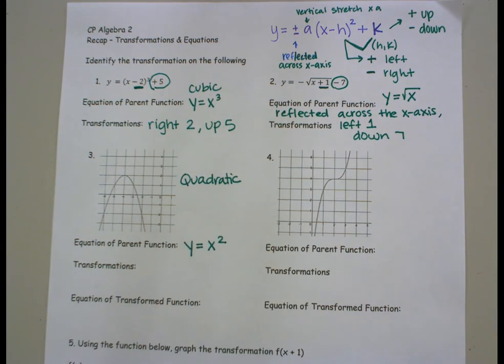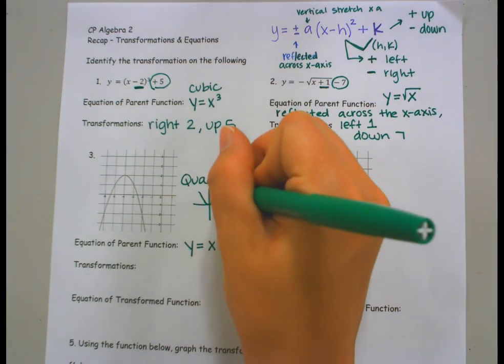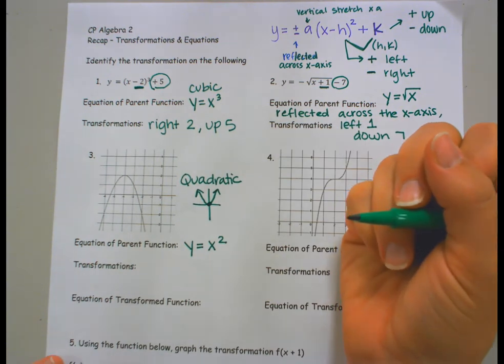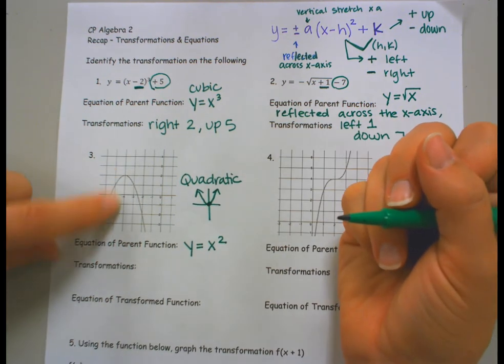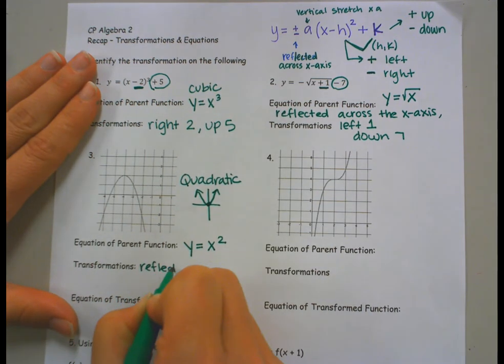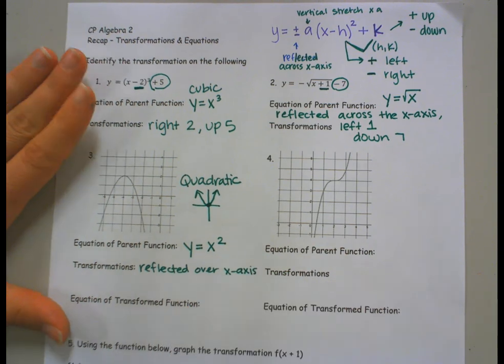If we think about what a quadratic normally looks like, it goes through 0, 0. We want to figure out all the transformations that took place. First of all, it's reflected over the x-axis. So that's one of our transformations, it flipped over the x-axis.